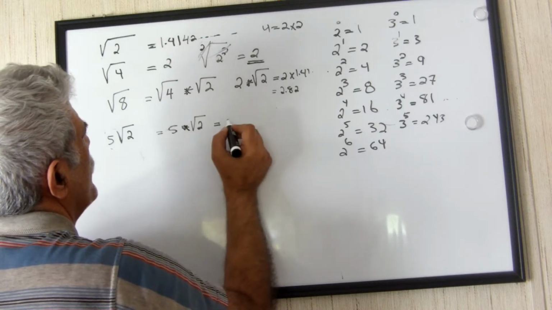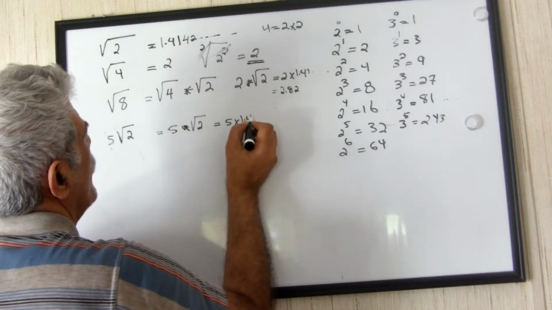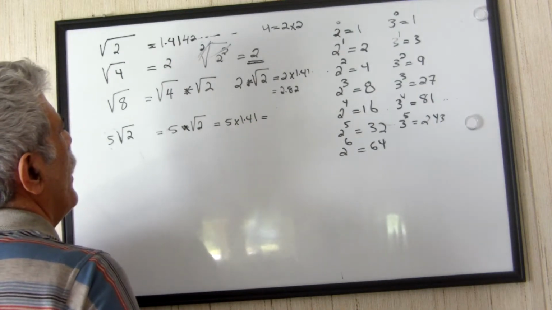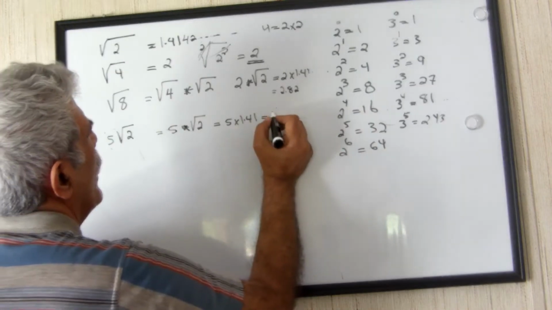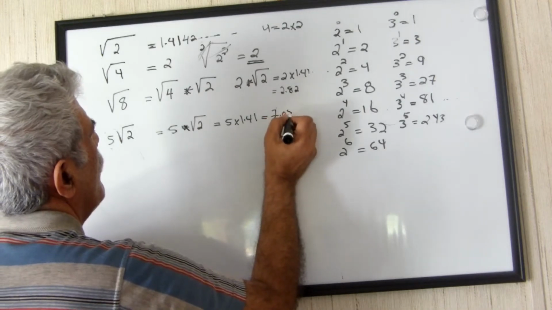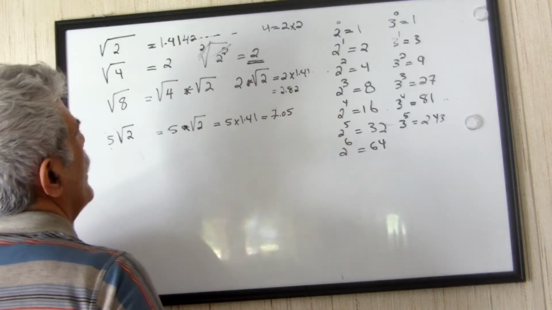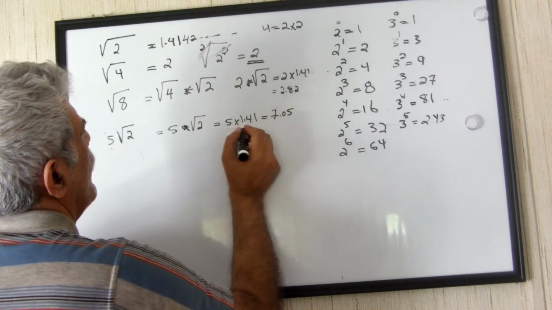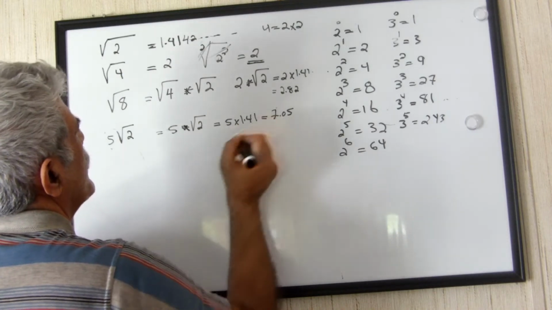What is going to be the result? 5 times 1.41, whatever it is, I think 7.05.